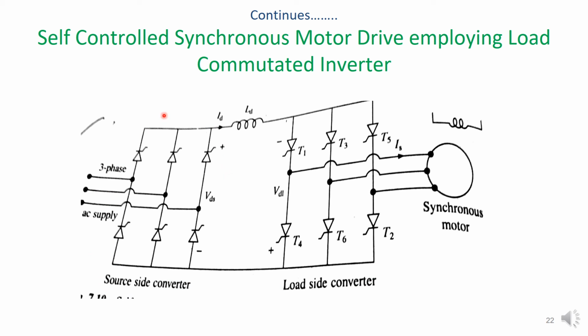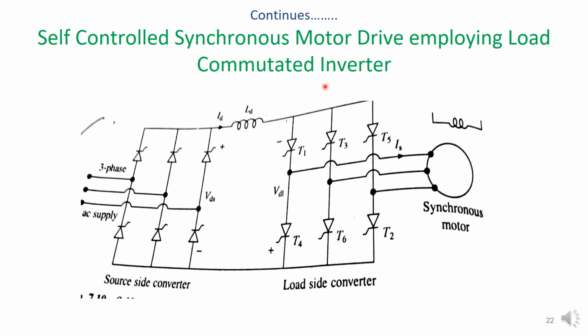This source side converter, or line side converter, can be operated with firing angle between 0 and 90 degrees as a rectifier, that is, AC is converted into DC.